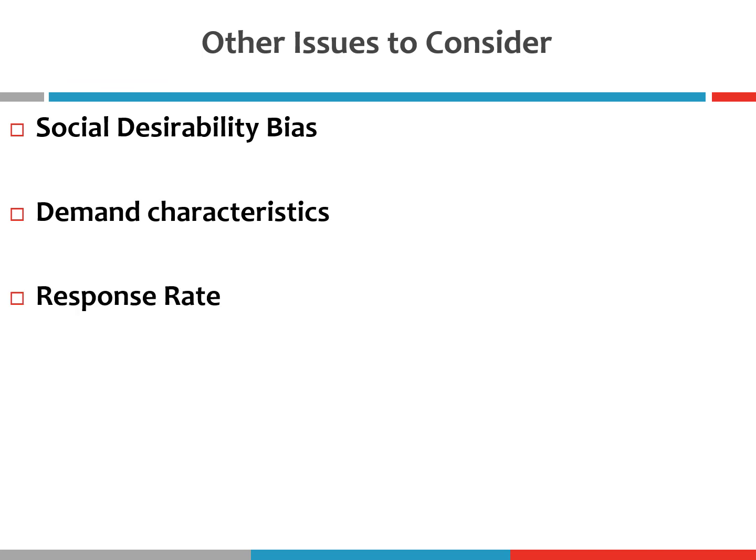Okay. The other thing you want to consider, particularly when administering your surveys, is response rate, right? So that's one of the biggest challenges in survey research, is we can send out, mail out or electronically send out thousands and thousands of surveys, but chances are only 30 to 40% of our respondents are actually going to return them.